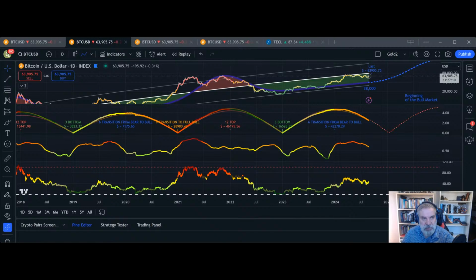In the chart, this chart is part of a set of tools that I developed. These are TradingView indicators that are all based on the power law, understanding different aspects of the power law.